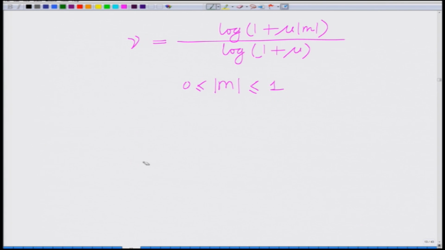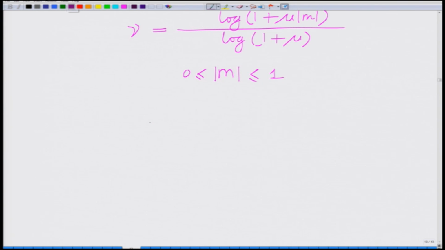Of course, at m equal to 0 it is not defined directly, but as m tends to 0, it tends to 0. We are plotting this for magnitude of m equal to 1, where obviously the output is 1.